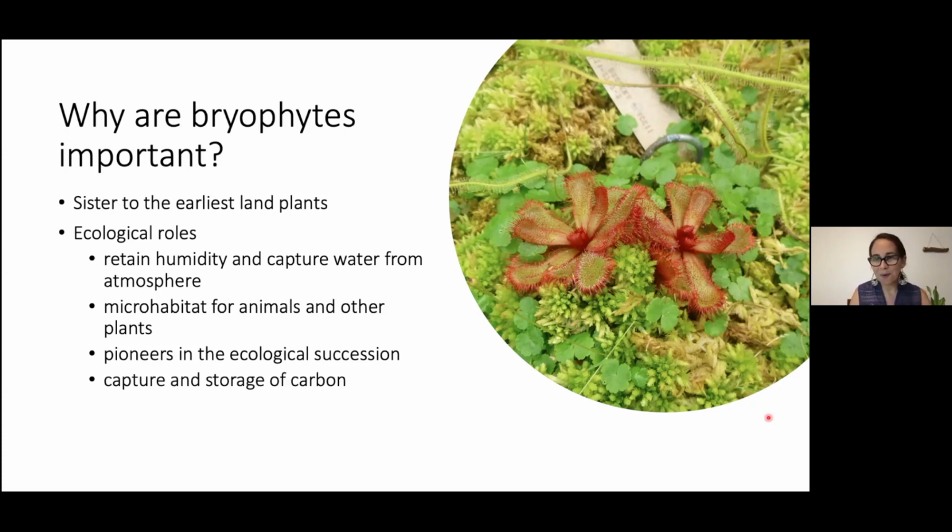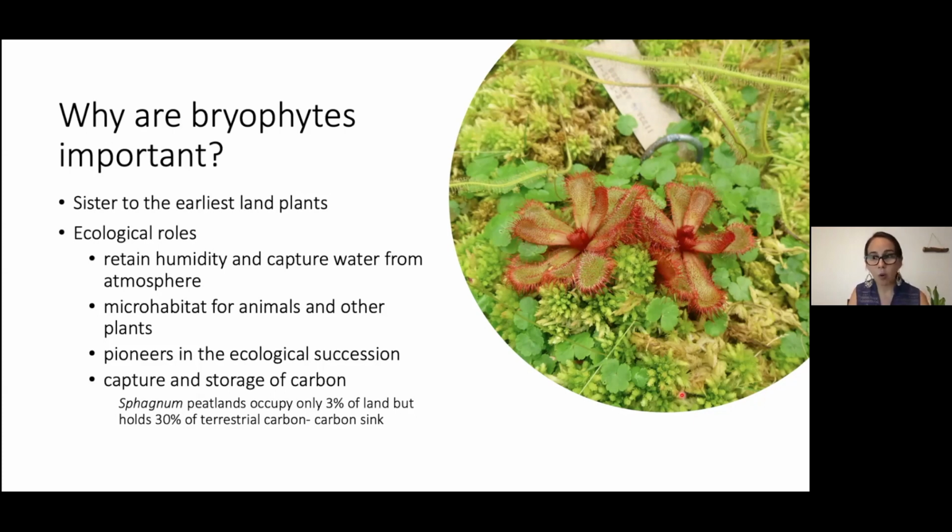Now, for me, one of the most important is this plant that we have here. They are important in capturing and storing carbon. You know that we have CO2 in the environment. Plants, during photosynthesis, take that carbon and put it inside them. They build themselves. There is one particular genus, Sphagnum, that is frequently found in peatlands.